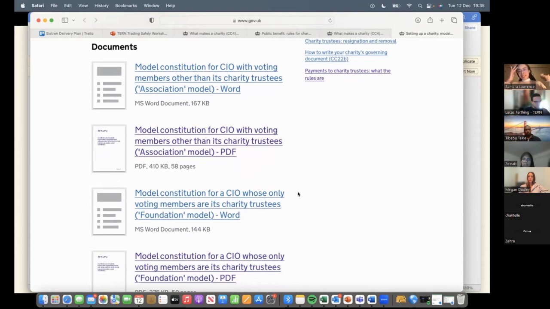It's a bit confusing to understand, and you don't really need to understand the difference too much for this purpose. But when choosing, you either choose a foundation model where the trustees are the same people as the company law members, which is what most people will go for. Those two roles need to be occupied by the same group of people. So if you're a trustee, you're also a company law member. And I would say for most people's purposes, you would pick that foundation model.